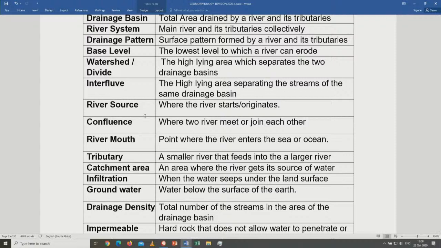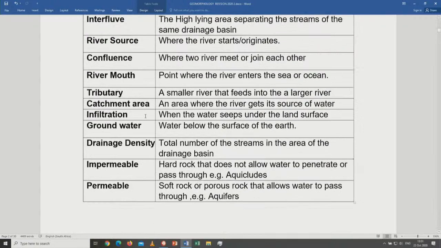Tributary, a smaller river that feeds into a larger river. Catchment area, an area where a river gets its source of water. Infiltration, where water seeps under the land surface. Groundwater, water below the surface of the earth. Drainage density, the total number of streams in the area of a drainage basin.